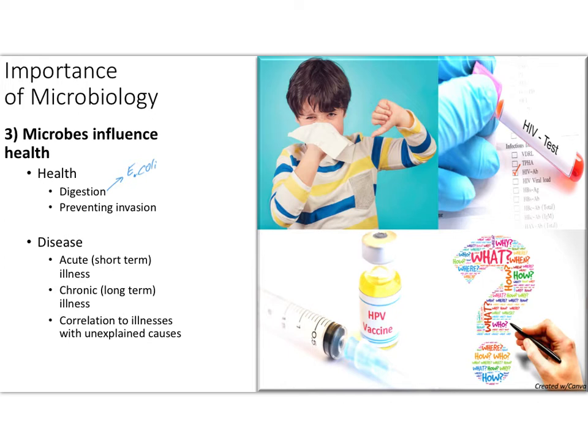All of us have E. coli living in our GI tract, and that E. coli is oftentimes involved in helping produce vitamin K. So we do get some vitamin K from our diets, but we also have E. coli living in our GI tract, mostly in our large intestine, that actually produces this vitamin. And that is absorbed by our cells and taken into our body, and that is involved in the clotting process.